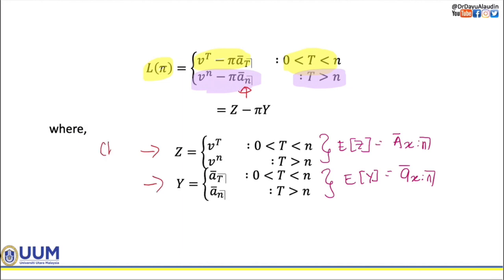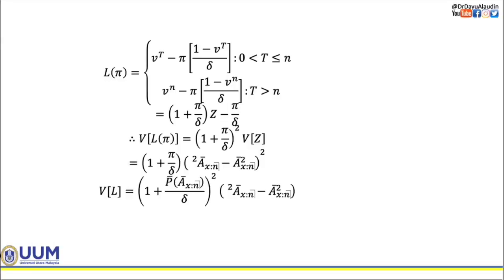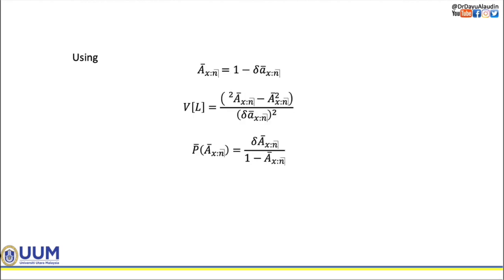This one we covered in chapter 3 and this one we covered in chapter 4. So the premium for endowment insurance is endowment insurance divided by the annual temporary life annuity. And then this is how we find the variance. And finally, we got this for variance.